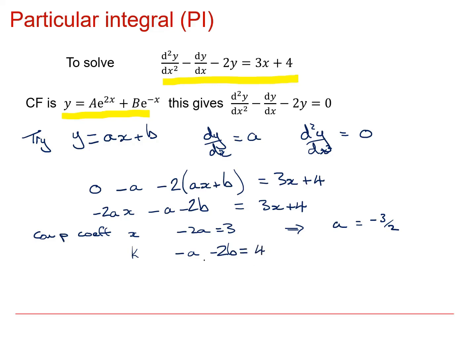But I know a is minus 3 over 2, and therefore I end up with b is equal to minus 5 over 4. And so my particular integral is y is equal to minus 1.5x minus 1.25.